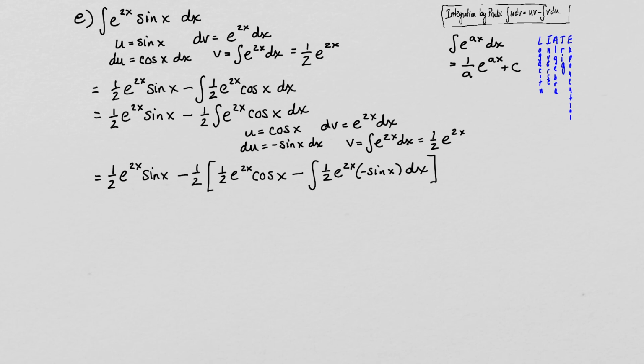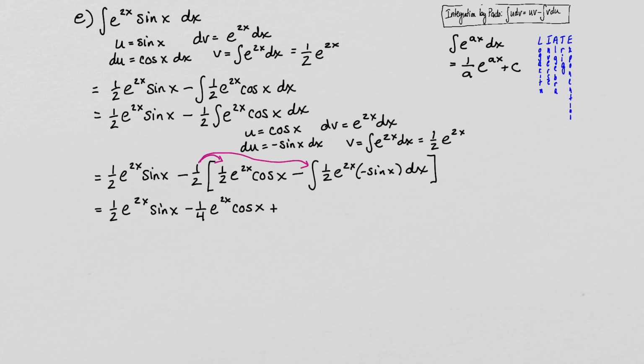And before I do anything else, I'm going to clean up what I have. So I have here 1/2 e to the 2x sine x. This minus 1/2 has to get multiplied times this piece and also times this piece. So that first piece is going to give me minus 1/4 e to the 2x cosine x. In the second piece, I'm going to have minus times minus, which is a plus.